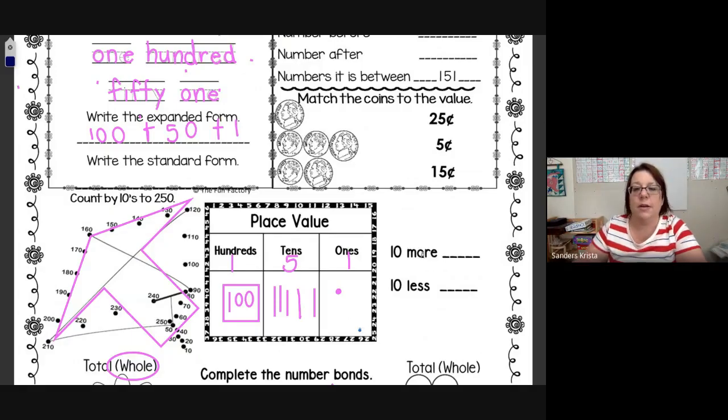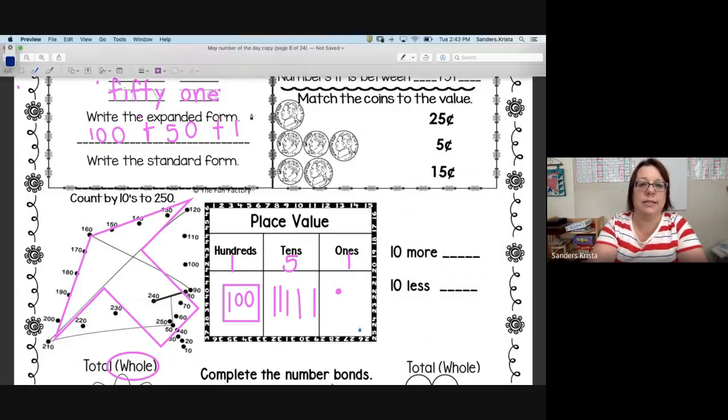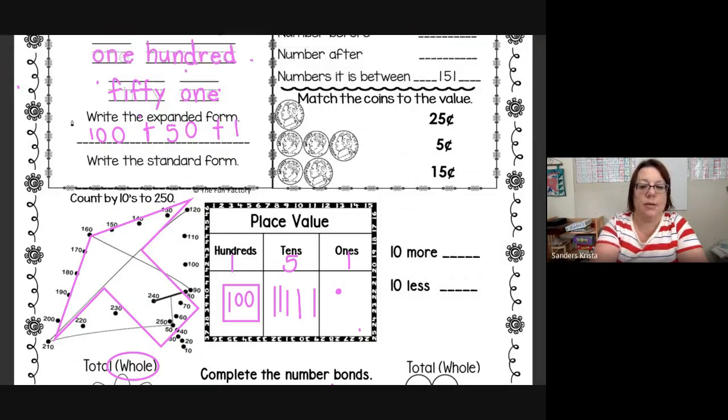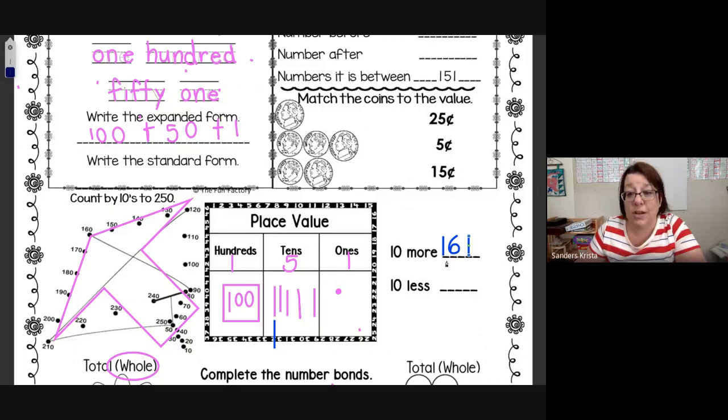Okay, if I want to do 10 more or 10 less, I like to change my color when I'm showing that. Okay, and back on my pen. If I want to do 10 more than 151, I just need to add 1 more 10 stick, right? So my hundreds place stayed the same. I have 1 group of 100. I have 6 tens, and I have 1 one. So 10 more than 151 is 161.